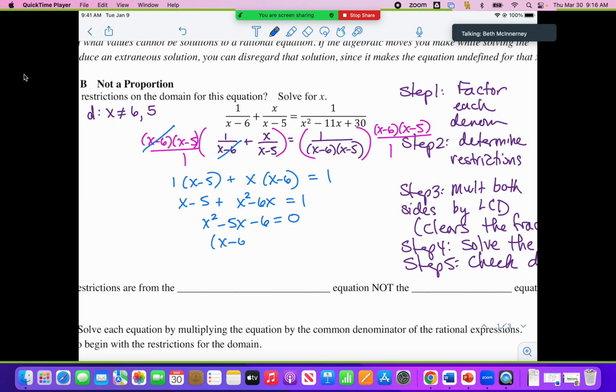So we're going to get x minus 6, x plus 1. Something I want to mention is don't lose the equation, because you cannot solve an expression. Okay, you cannot solve an expression. So I'm getting x is 6 or x is negative 1.